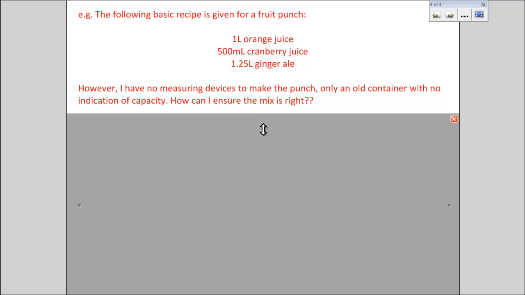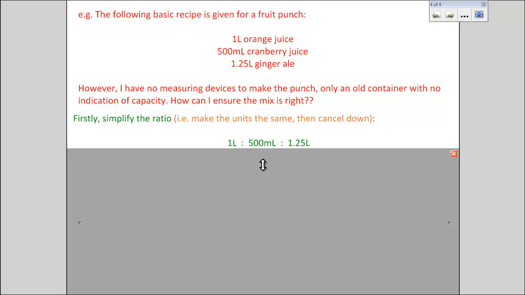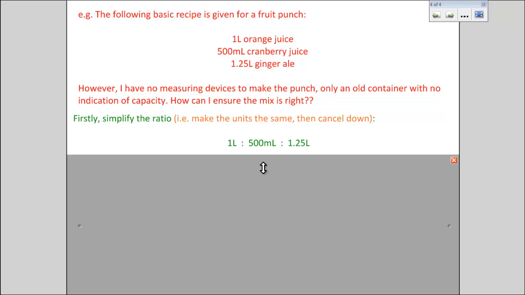First of all, we're going to simplify this ratio. The two things we need to do to simplify: make the units the same, and then cancel down. If we've got 1 litre to 500 ml to 1.25 litres, we're going to change to the smallest unit, which is the mils.